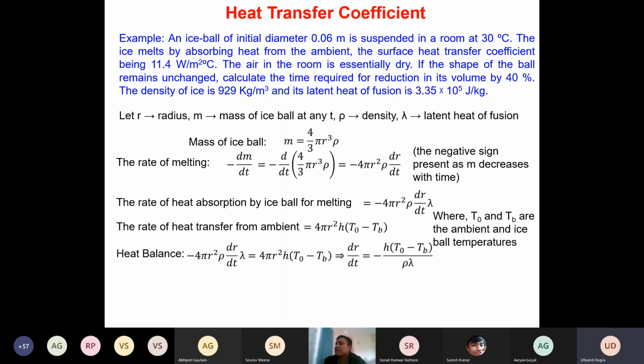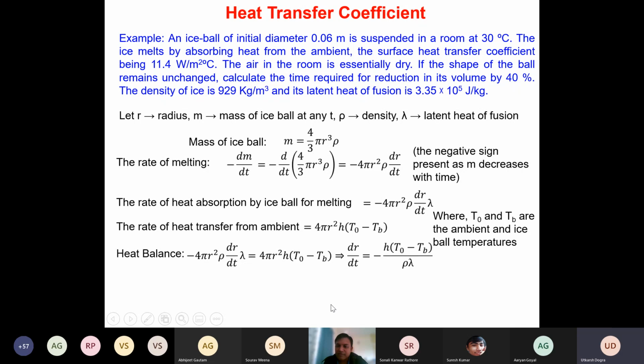Here the surface temperature is not changing because of the heat absorbed; the size of the ice ball is decreasing. So that's why T0 minus TB are both kept as they are. T0 is the ambient temperature, TB is the temperature of the ball, which in this case, since we are using ice, will be 0 degrees Celsius.